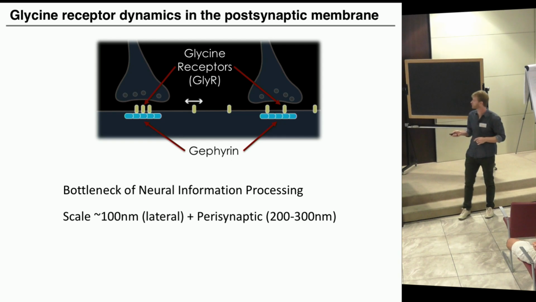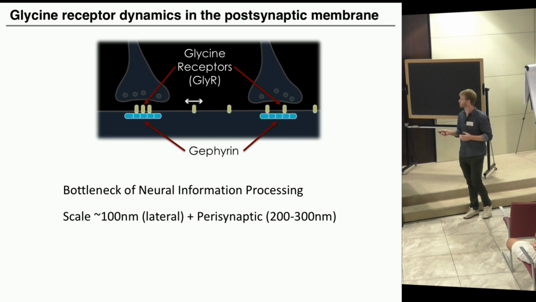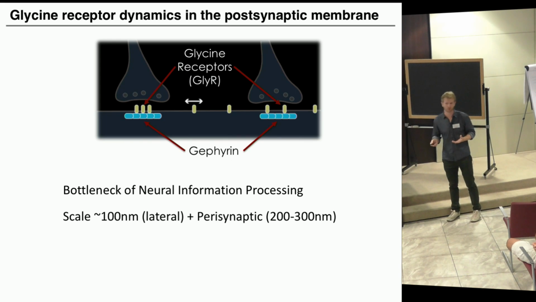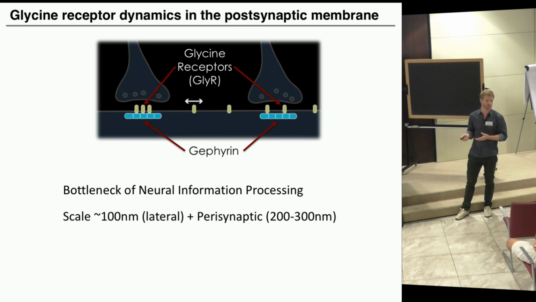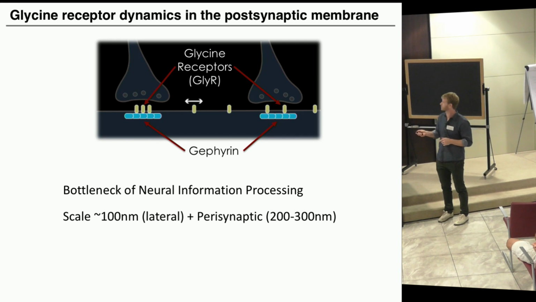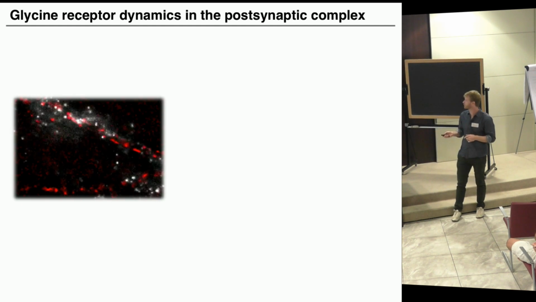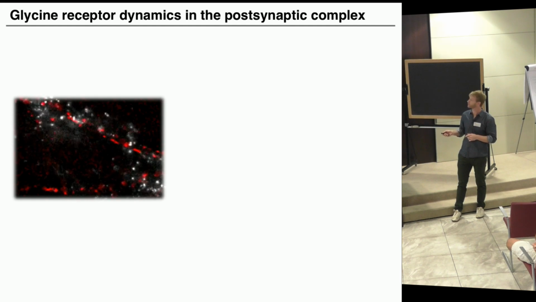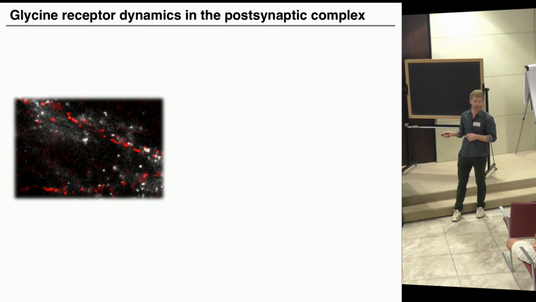So first, the glycine receptors. Just the motivation: this is linked to synaptic plasticity, synaptic strength, how information is processed in the brain. So we want to know how receptors interact and move in the membrane. These particle tracking experiments give us data something like this.